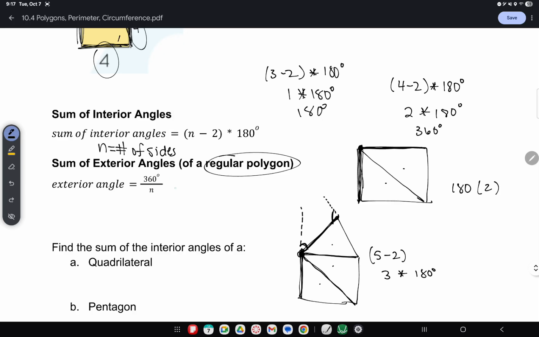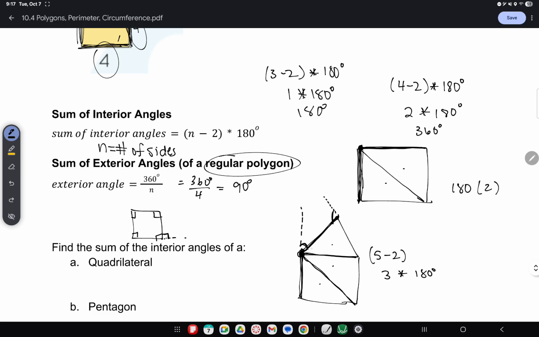So if I had a square that has 4 sides, right? So 360 degrees divided by 4 gives me 90 degrees. Should kind of make some sense because we should know that a square has all right angles. So its exterior angle would have to also be 90 because it makes a straight line.